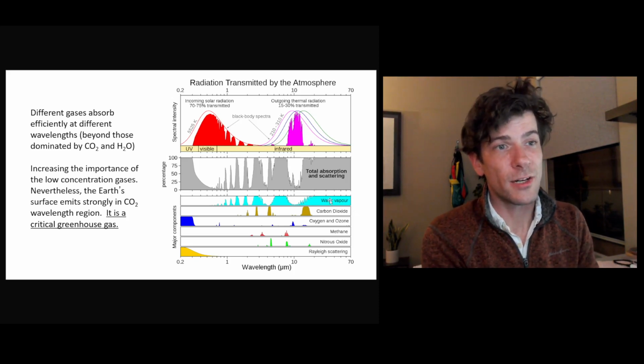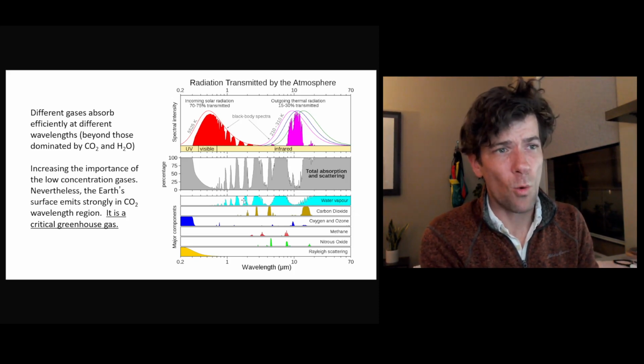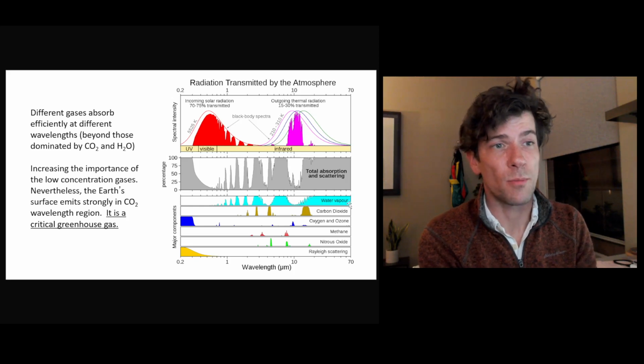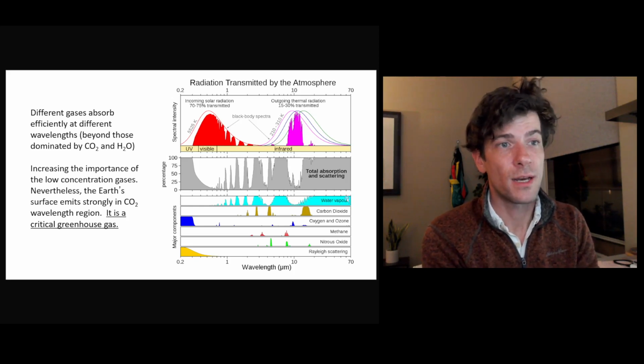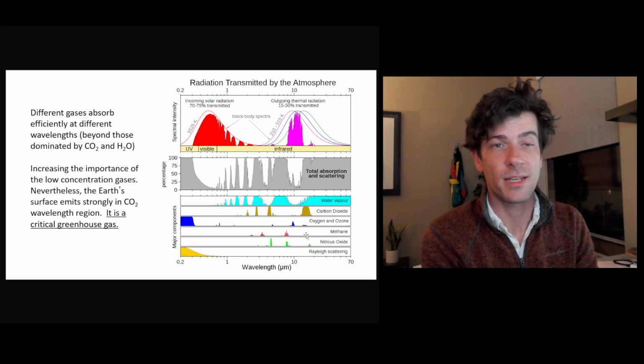And so you can see down here at the bottom, water vapor has the ability to absorb a lot of radiation across a wide range of the spectrum, especially down here in the infrared, which is really what the greenhouse effect is. Okay, carbon dioxide also absorbs down here in the infrared, and several other greenhouse gases.